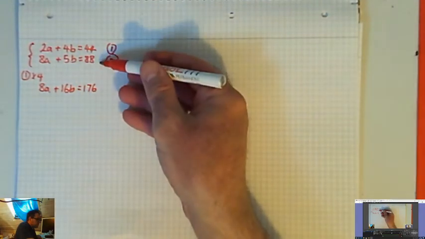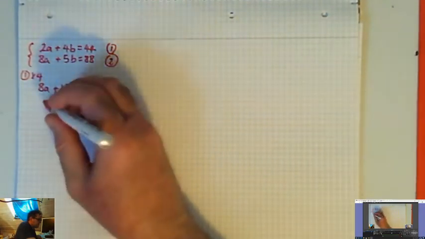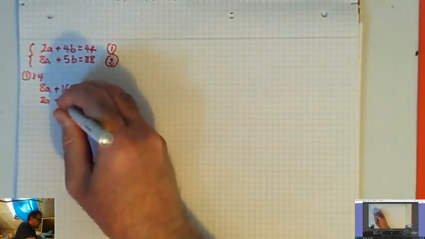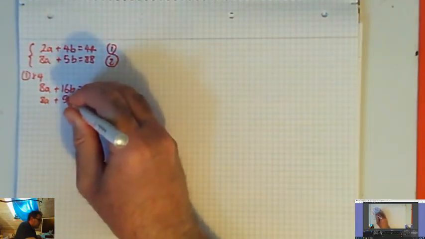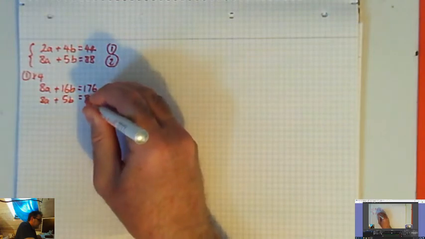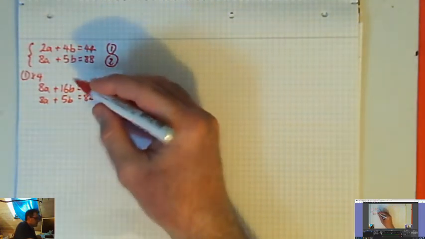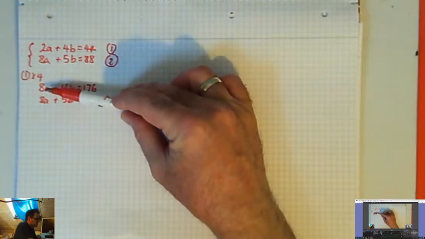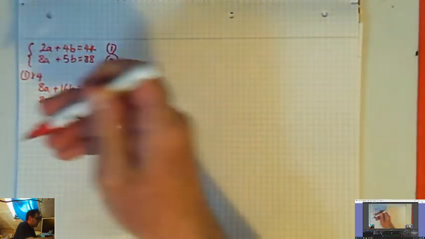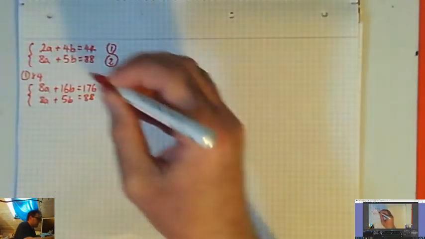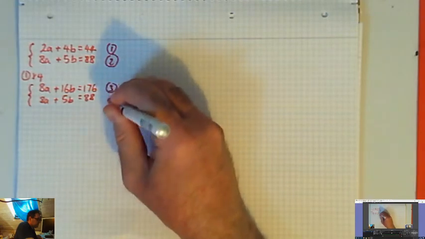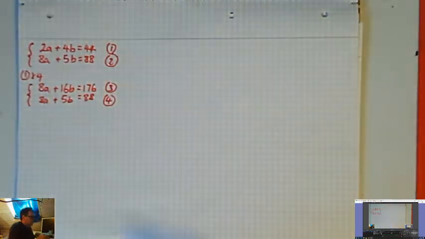And then meanwhile the other equation stays the same. 8a plus 5b equals 88, and because I multiplied the first equation up, I've now got the same amount of a in both equations. So they're a pair that have got to be solved together. I'll call them 3 and 4.